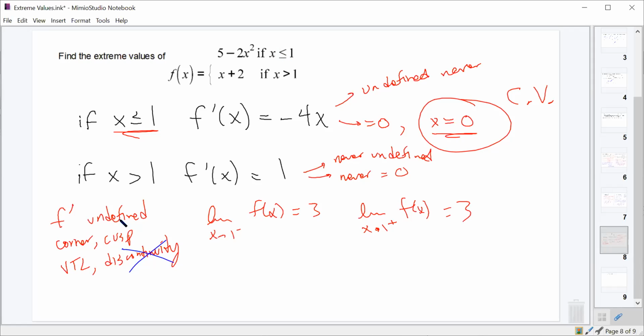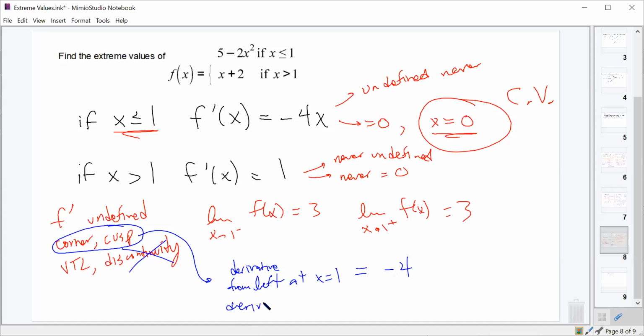Then, what about a corner or a cusp? We would know those by whether the derivative from the left and the derivative from the right were equal to each other or not. So what's the derivative from the left at 1? It's definitely negative 4, negative 4 times 1.